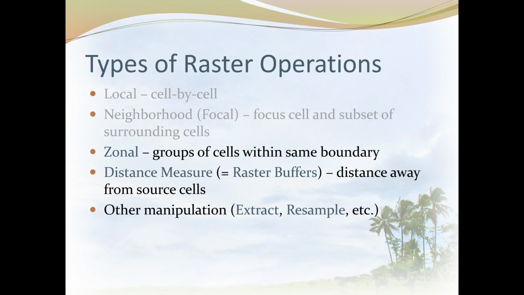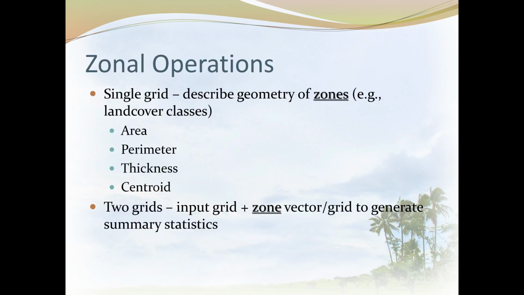So we spent a lot of time on neighborhood, and we're going to move to zonal, and of course we already covered distances. The zonal operations: for a single grid, they describe the geometry of zones, for example in land cover, with classes, area, perimeter, thickness, and centroid. For two grids, we input a grid and a zone vector or grid to generate summary statistics.